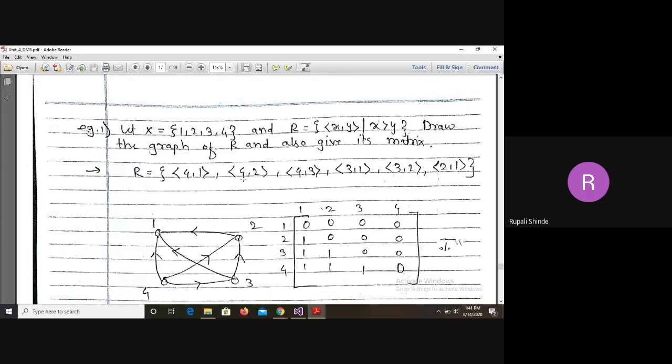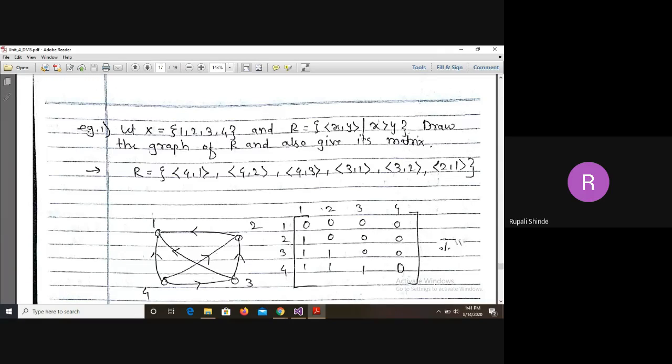Likewise we can take another ordered pair like (4, 2). Again fourth row, second column. That ordered pair is present here, so we mark it as 1. Then (4, 3): fourth row, third column, mark this as 1.